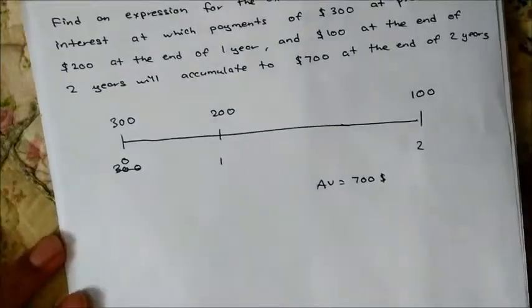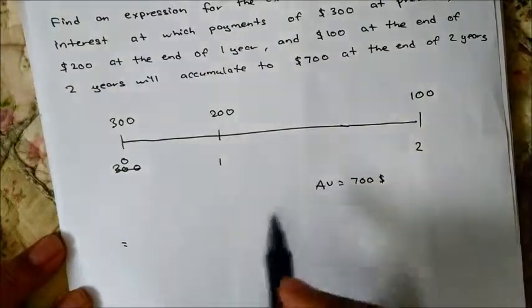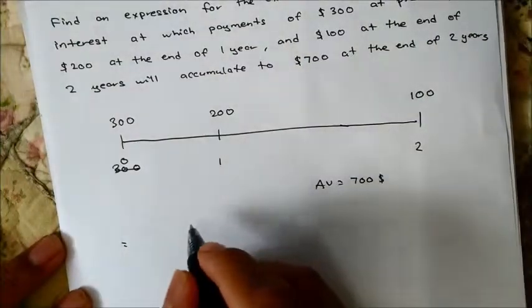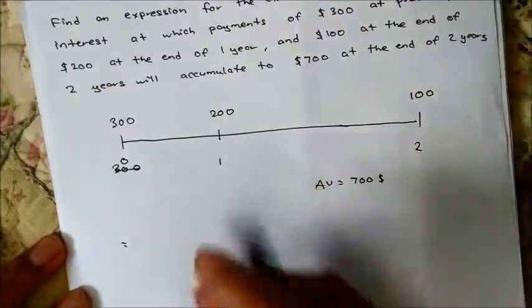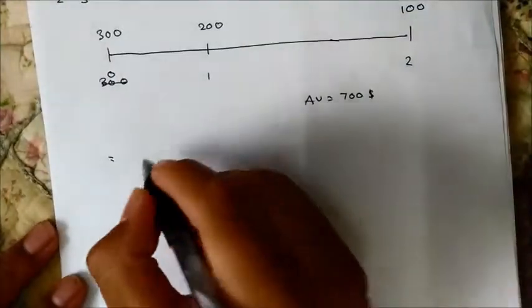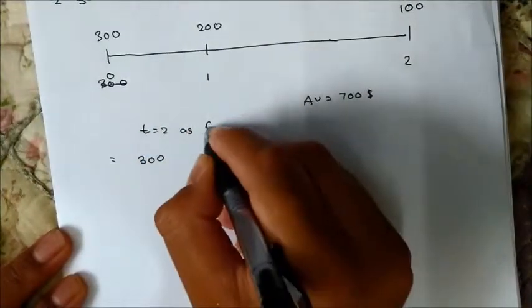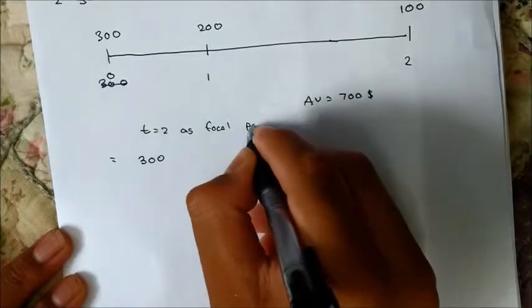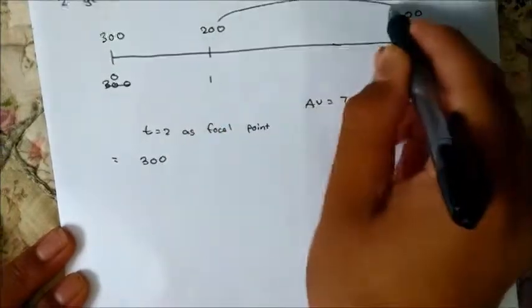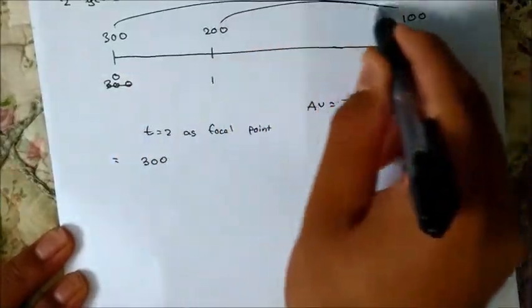Alright, so to represent this timeline, we need to create an equation. We are going to use time 2 as the focal point, which means that we will bring the timeline forward, from here to here, and from here to here.